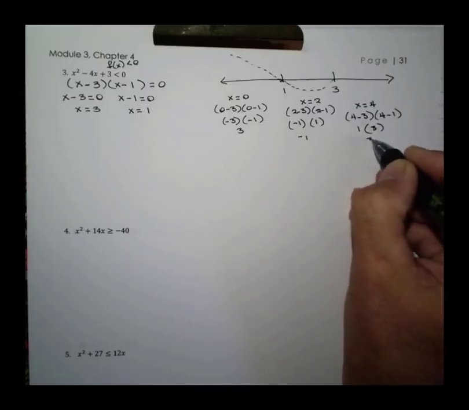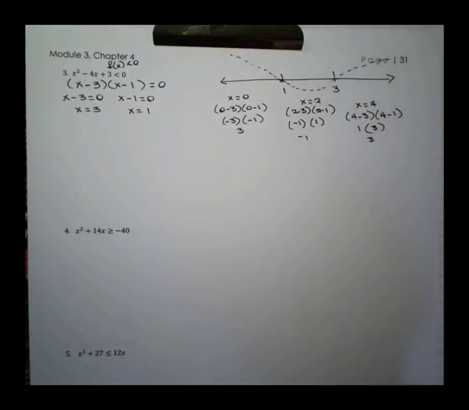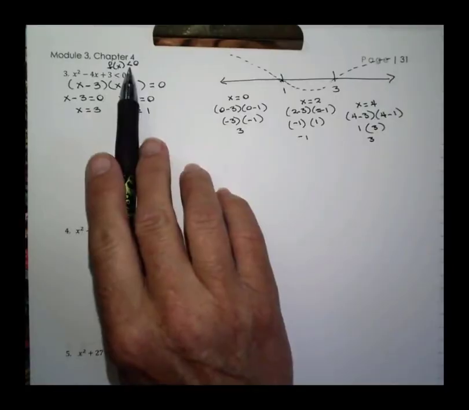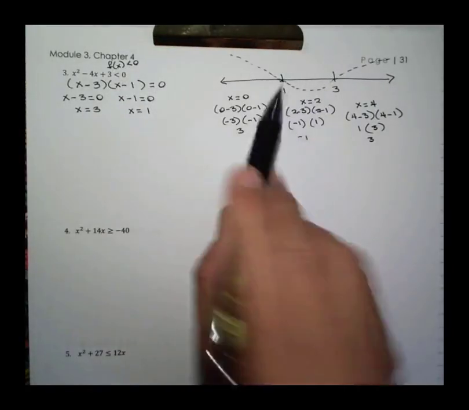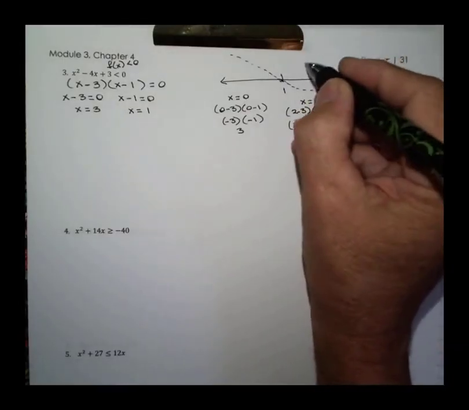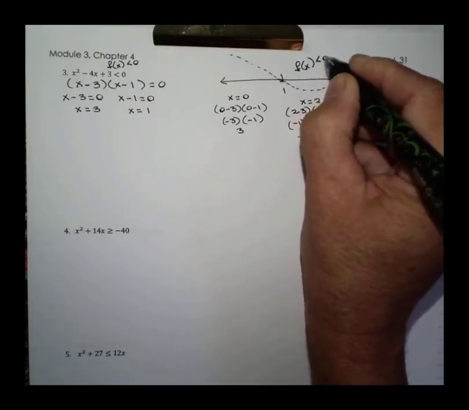Both positive numbers, I get positive. So once again, it goes up like this somewhere. I don't know where. But that tells me where the function is less than 0. Now, this is where the function is less than 0. This is where the y values are less than 0, right? Where they go below the x-axis. So this is where f of x is less than 0, isn't it?